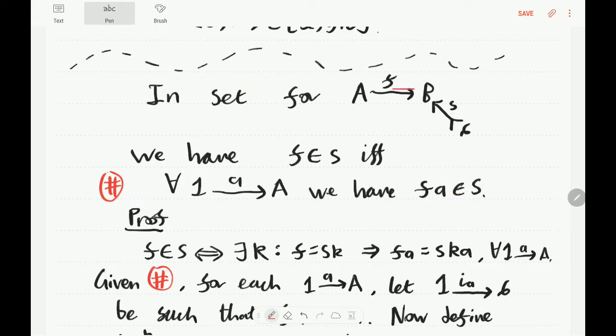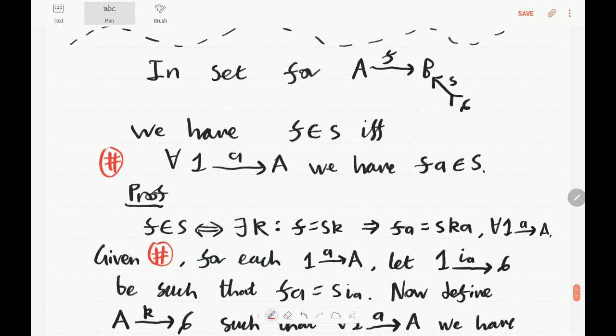So this is a very useful result. It says that for an arrow f from A to B and a subobject S of B, we have that f is in S if and only if for every point a in A we have fa is in S.